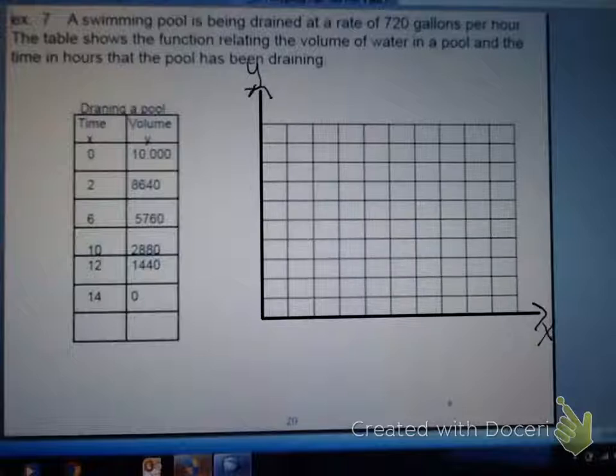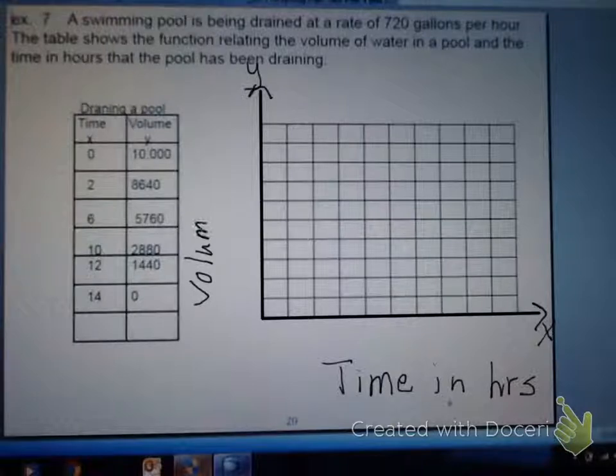The x stands for time, and it is time in hours. The y is the volume, in gallons.